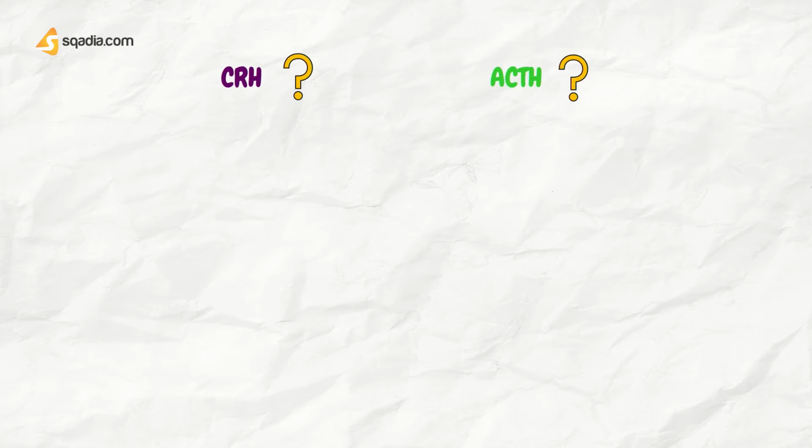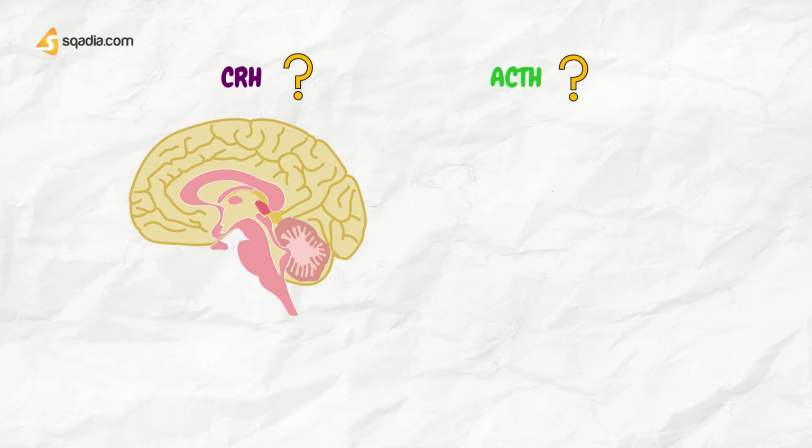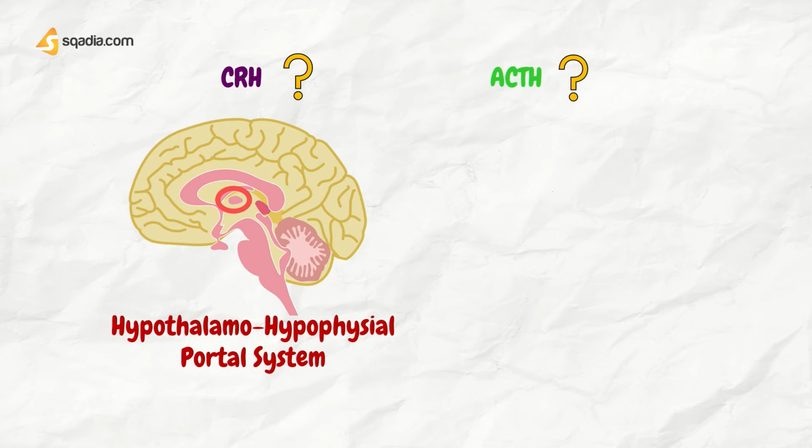Well, corticotrophin releasing hormone is a 41 amino acid polypeptide whose action is enhanced by arginine vasopressin. It is produced in the hypothalamus and reaches the adenohypophysis in the hypothalamo-hypophyseal portal system, where it stimulates the release of corticotrophin. So what is ACTH then?